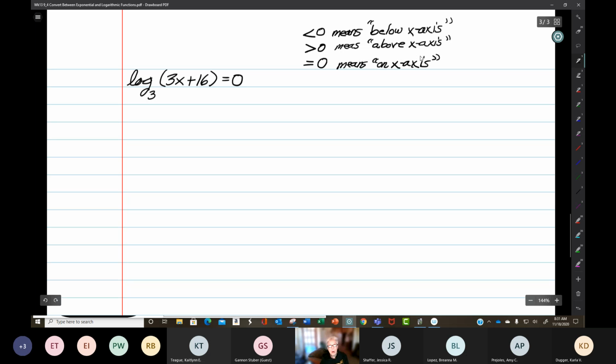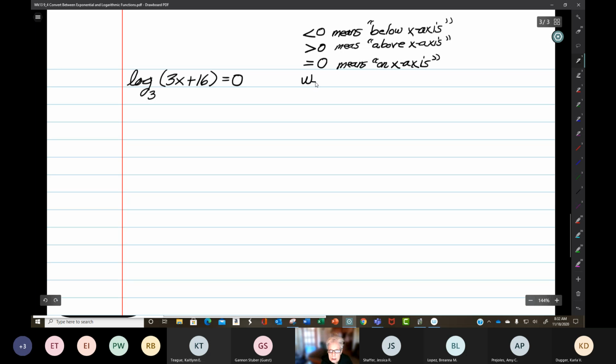And if you're wondering, why do we care about the x-axis? The answer is, values on the x-axis, numbers on the x-axis. Okay, it takes a while to put words together sometimes.